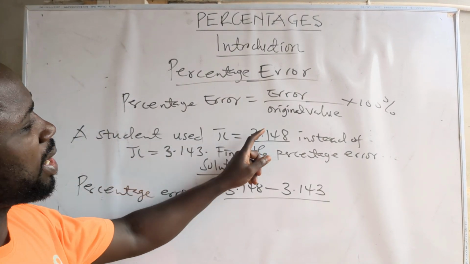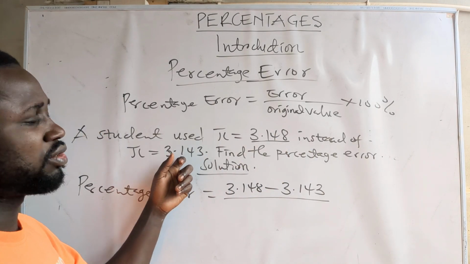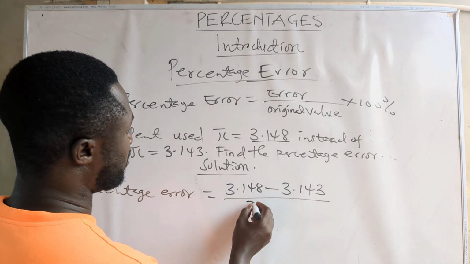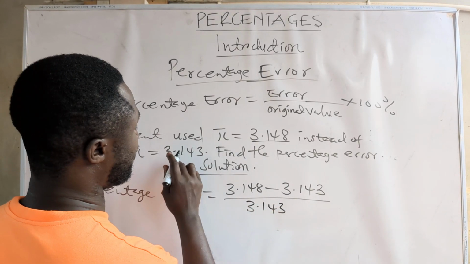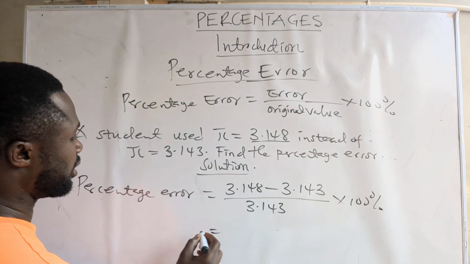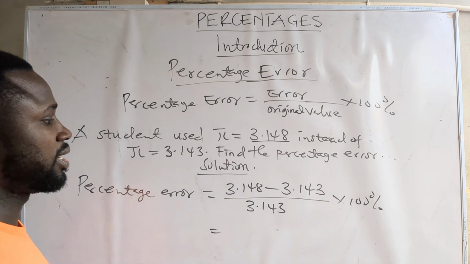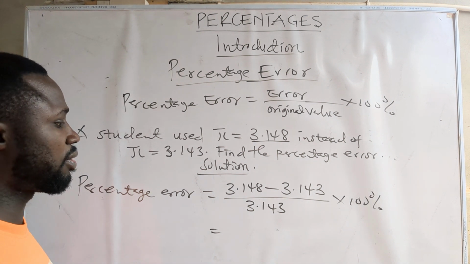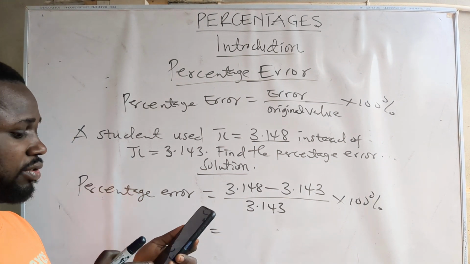A student used pi as this instead of, so this is the actual one, 3.143, instead of this, times 100%. So we are going to find the difference, then divide by the actual, and multiply by 100.